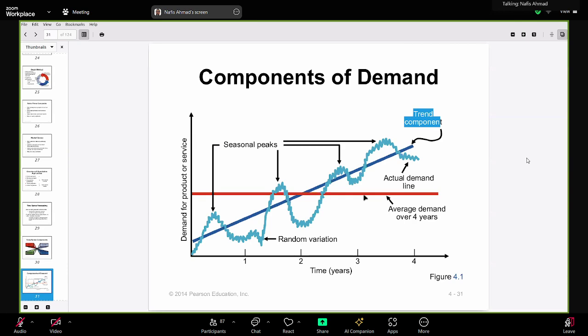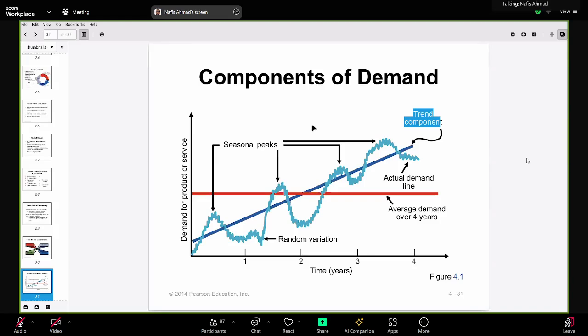If we know exactly how these components are affecting the demand, we can easily forecast the future demand. Okay? Say the demand for dates increases significantly during the month of Ramadan.